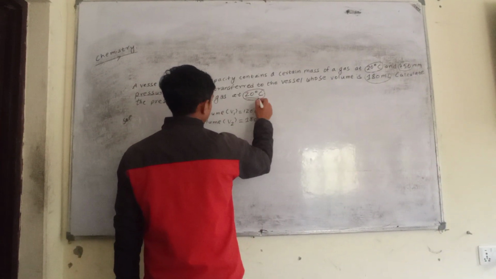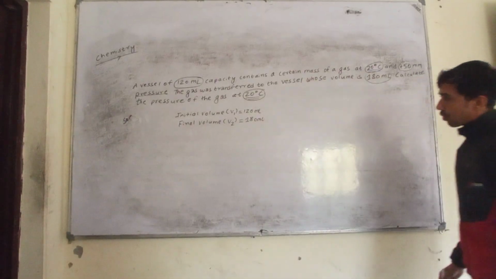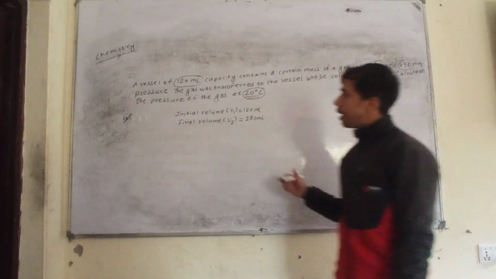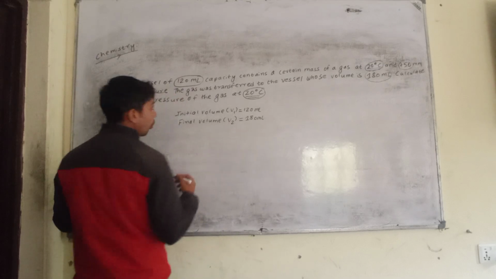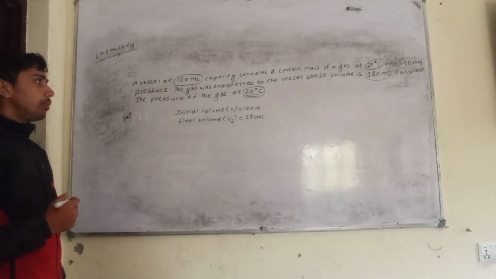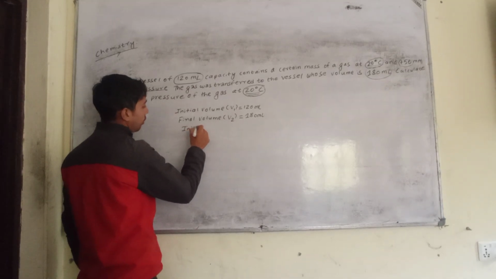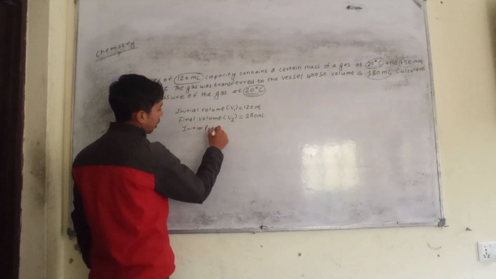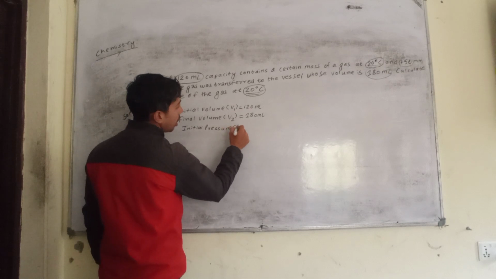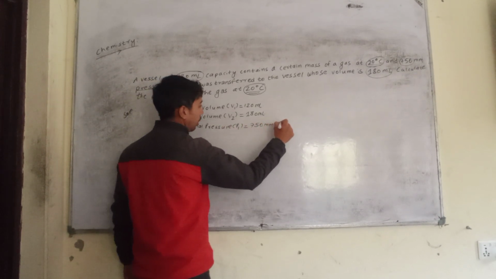Here it is 20 degrees Celsius and here it is also 20 degrees Celsius. So if it is a numerical problem of Boyle's law, then we can use the relation P1 V1 equals P2 V2, and we have been given the initial pressure P1 equals 750 mm of Hg.